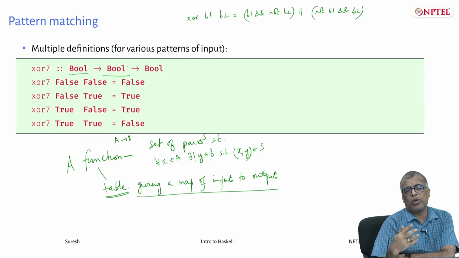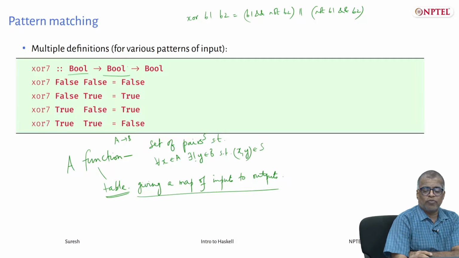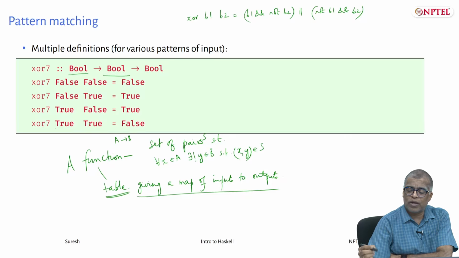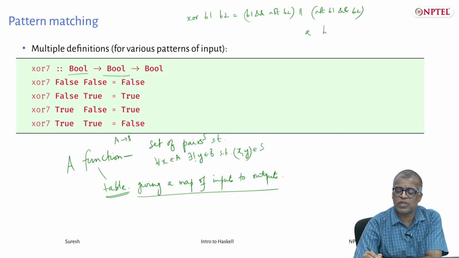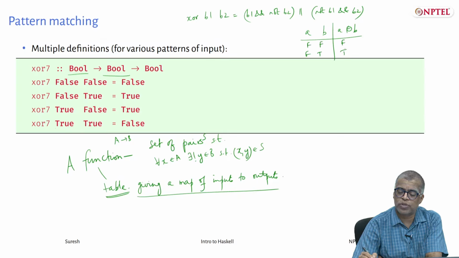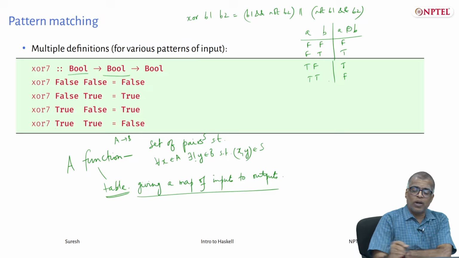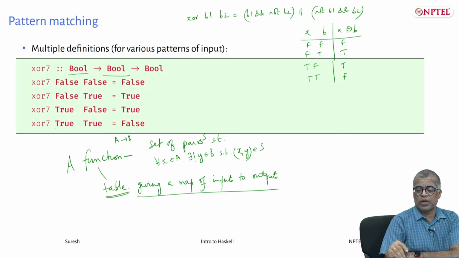In the data type Bool there are two values, True and False. So there are four combinations: False False, False True, True False, True True, and for each of those I can give a value. If you recall, I just gave this table when defining XOR. False False is False, False True is True, True False is True, True True is False. So this table you can exactly encode as a Haskell definition.